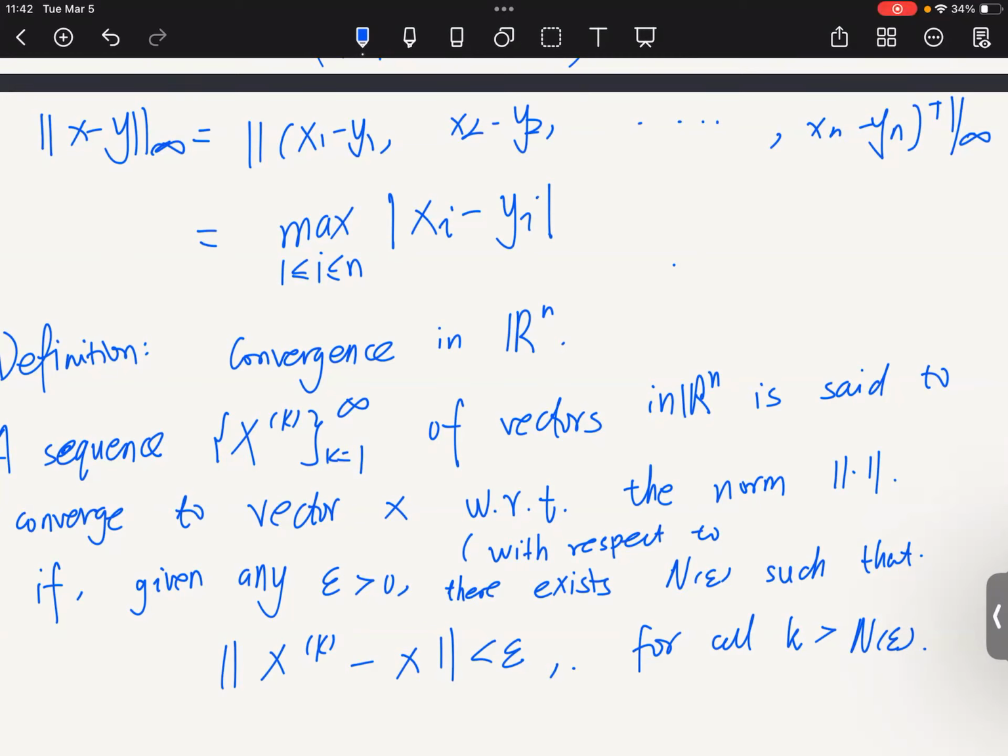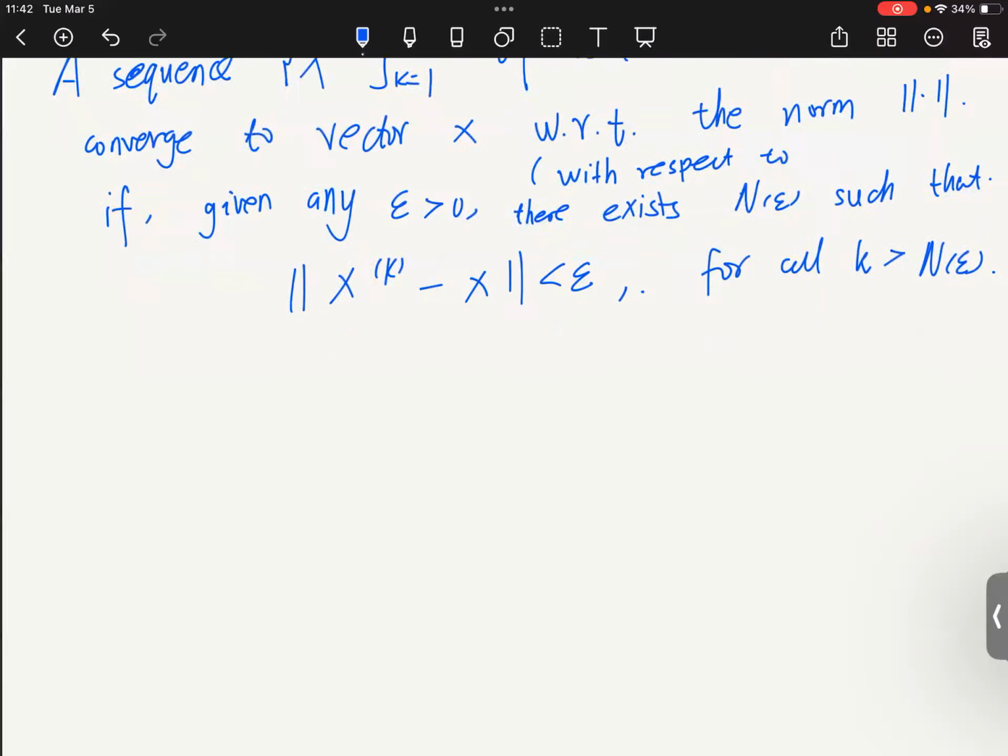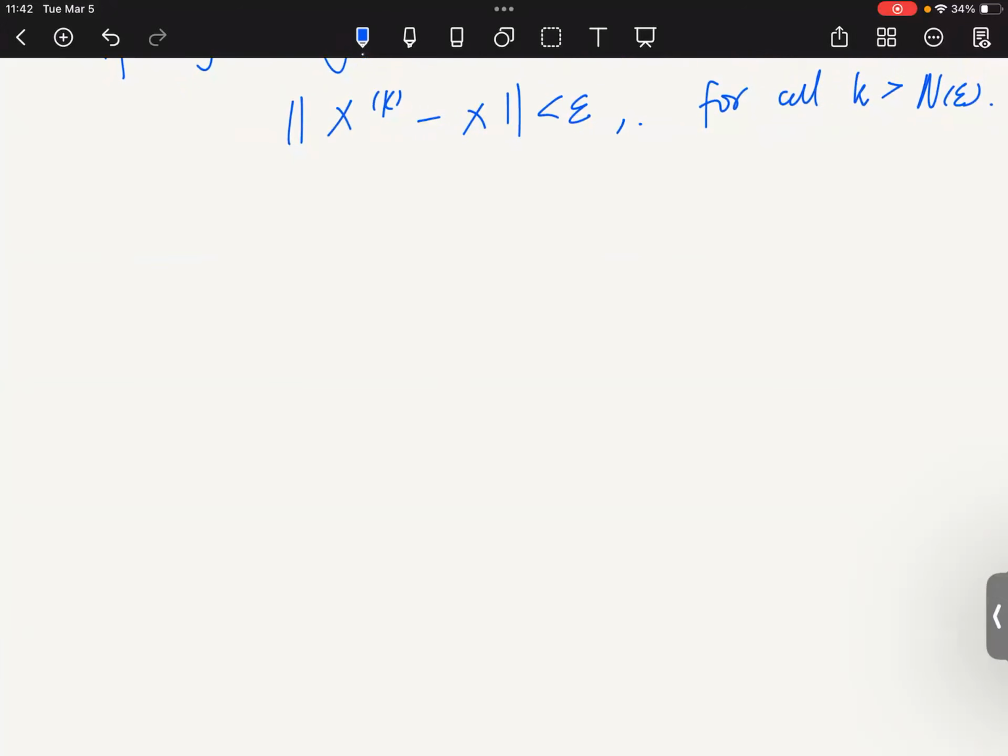The next part is about the matrix norm, matrix norm and matrix distance. Here we have defined the vector norm, the vector distance, and the vector convergence. Next, we are going to define the matrix norms. Matrix norms and distance.